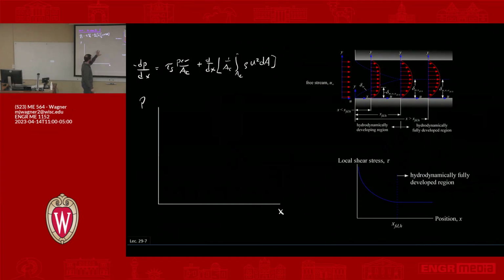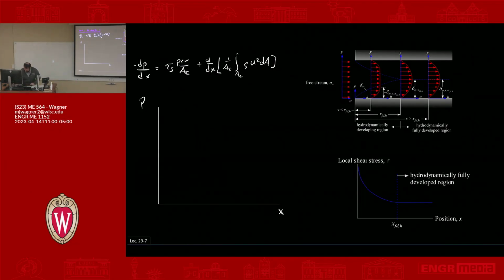So, okay, we have this balance up here. We also have this available to us. So this is our local shear stress. Local shear stress at the leading edge at x equals 0 is infinite because the boundary layer thickness is 0. So we know that, and then we know as you get to the fully developed position, the shear stress becomes constant. So knowing that, I guess we could sketch out what we think this will look like.